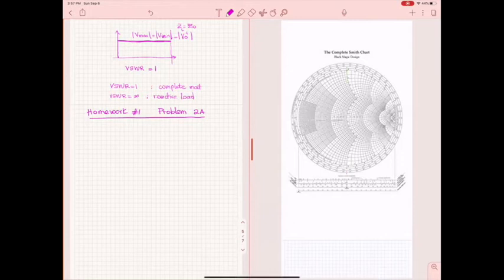Okay. Remind me how that was. I need to remember, the reflection was coming from the transistor, wasn't it? Yeah, and that was gamma S equals 0.5 with a 145 degree phase, something like that.